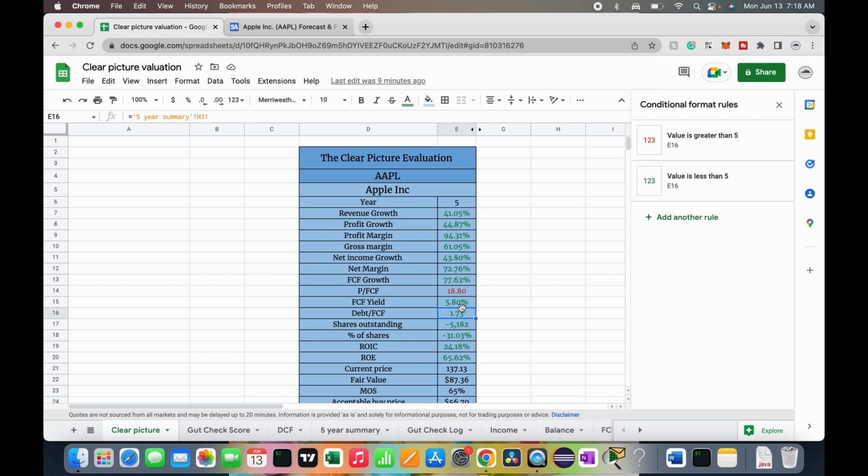We want that under 5. Why? Because we're calculating 5 years. Return on equity needs to be over 10 to be a good valuation. Same thing with the return on invested capital, it needs to be over 10. All right, let's look at the discounted cash flow model.